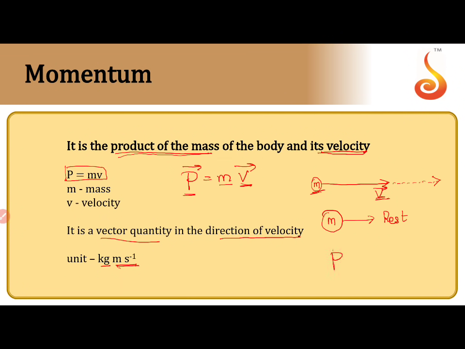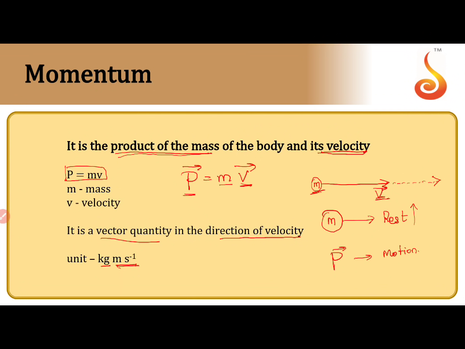The momentum of the body will define inertia of motion. Suppose a body has very high mass. It has more tendency to remain at rest. It has more inertia of rest.